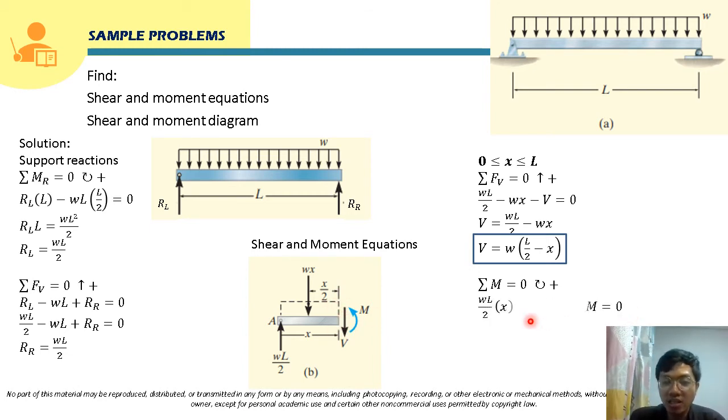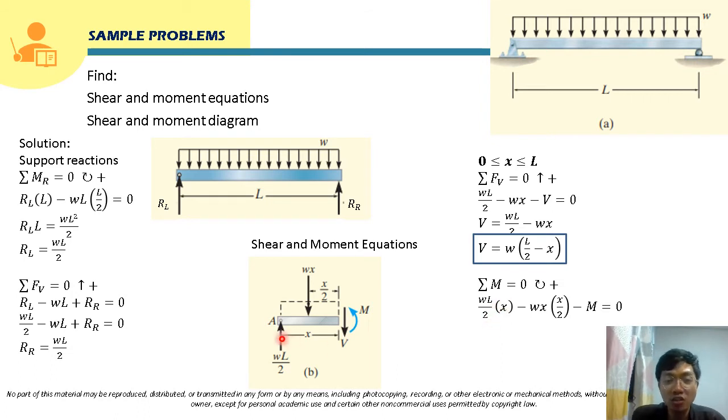In this case, class, summing up moment, this will be equal to 0, and our assumption for positive rotation here will be clockwise. So the moment of WL over 2 will be WL over 2 times its moment arm, which is x. So this will be WL over 2 times x.